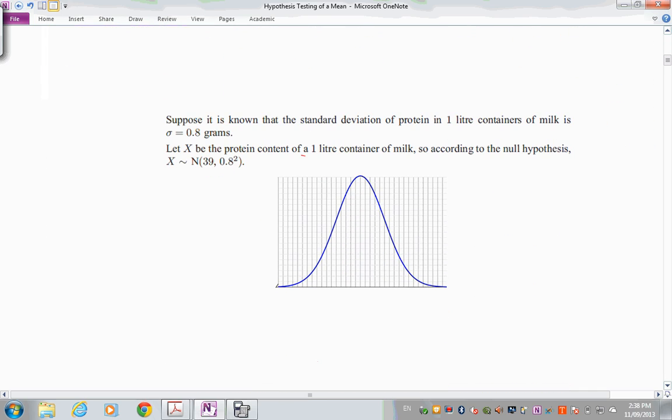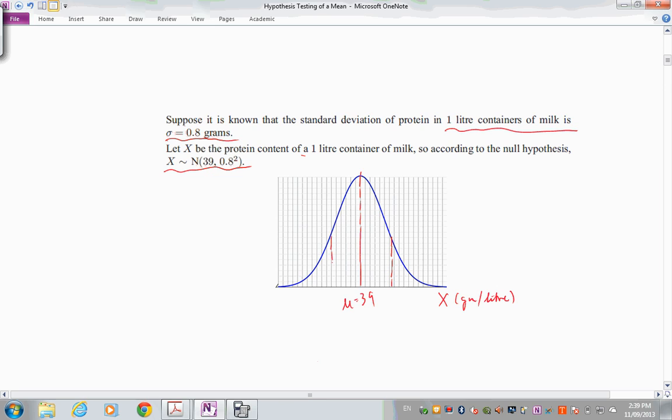Here we are. We're now told that we know the standard deviation of that grams per litre, and it's 0.8 grams. So the null hypothesis is that the actual grams per litre in each individual litre of this milk is, let's call it X, and it's going to be normally distributed around a mean of 39 and a standard deviation of 0.8.